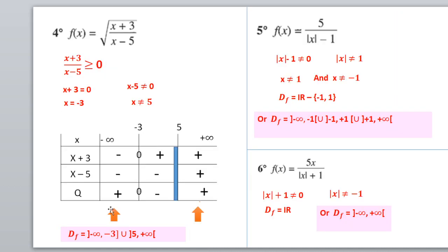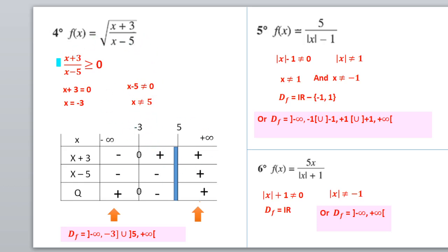Let's go to another one, number 4. In number 4, he's saying f of x equals radical of x plus 3 over x minus 5. Okay, you should focus well. The idea here illustrates some ideas you took before, but in a table.